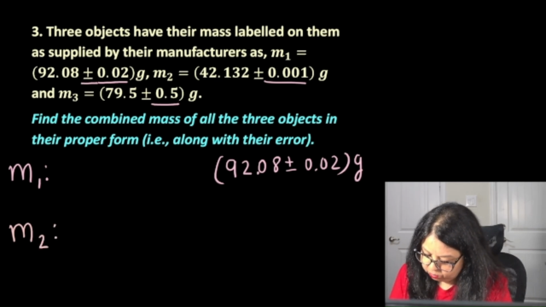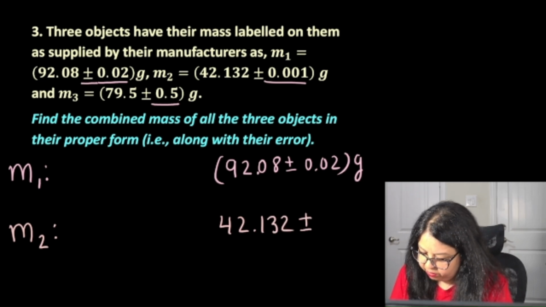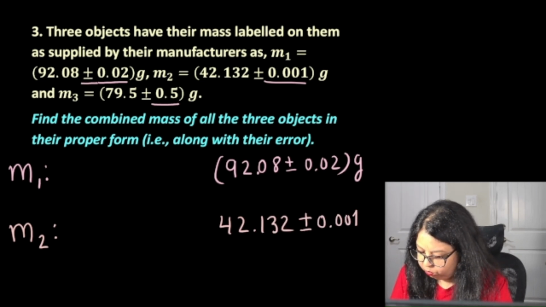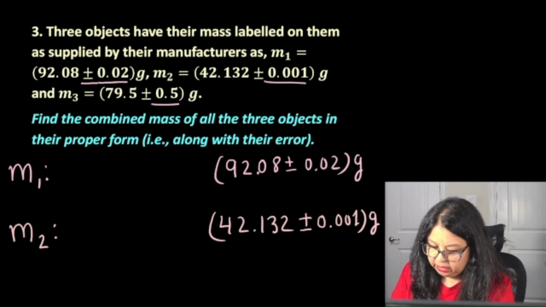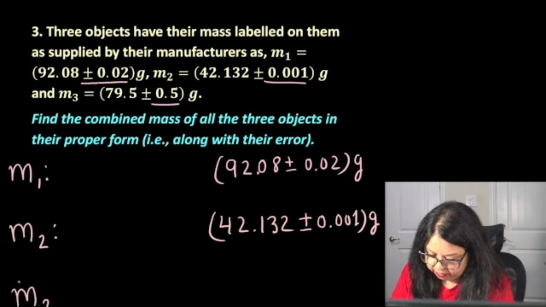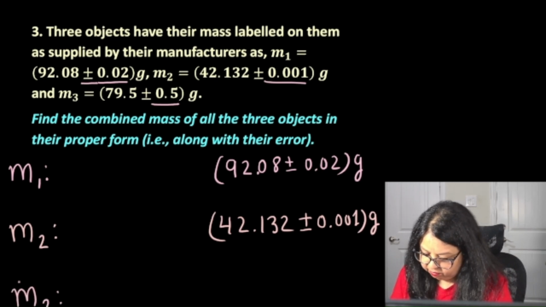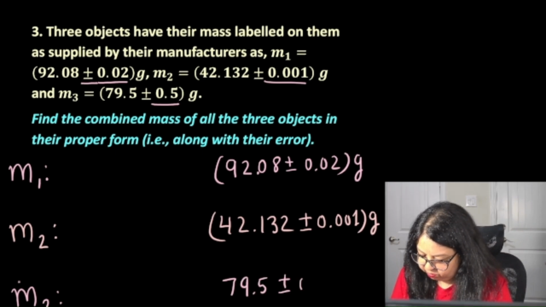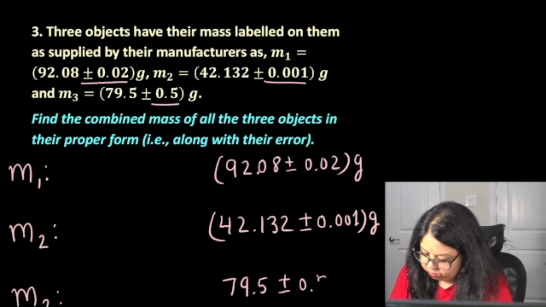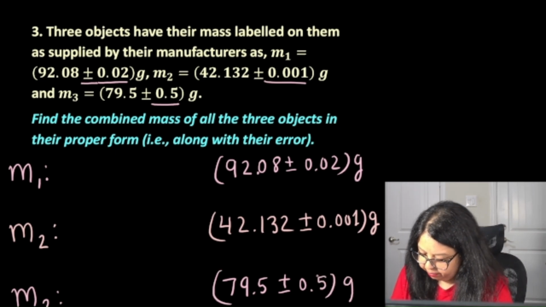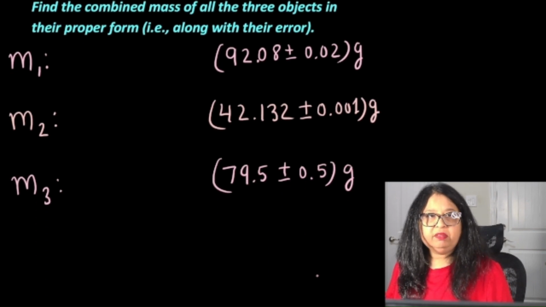M2 is 42.132 plus minus 0.001 grams. And last but not the least is M3. M3 is 79.5 plus minus 0.5 grams.